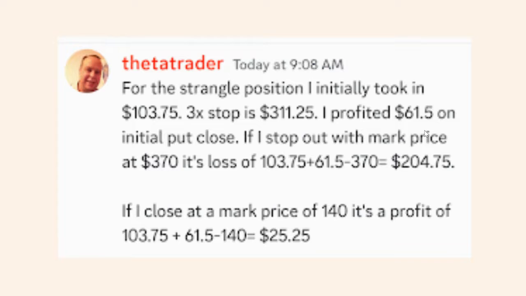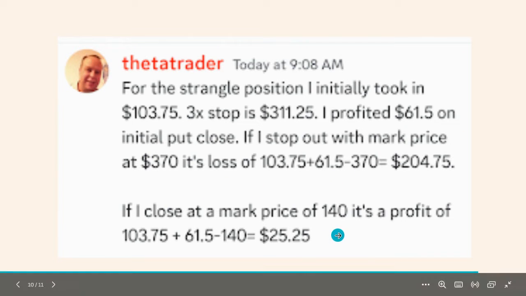If I stop out with the mark price, that's what I'm solving for, X here. If it's at 370, then it'll end up being a net loss of about $204.75, which is very close to the 2x of my initial premium, well, really 3x minus the credit that we're receiving. So it's not exactly at the 3x stop, but it's very close to it.